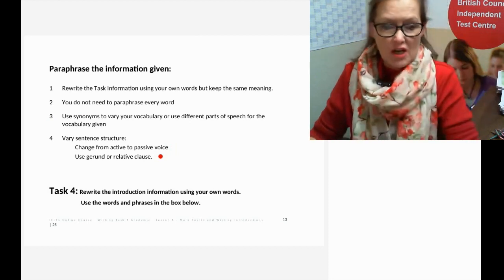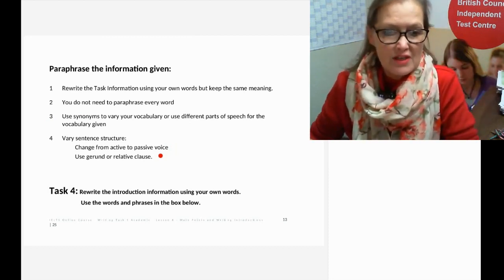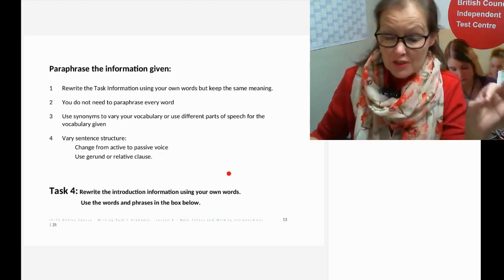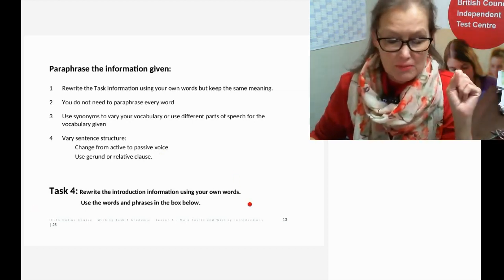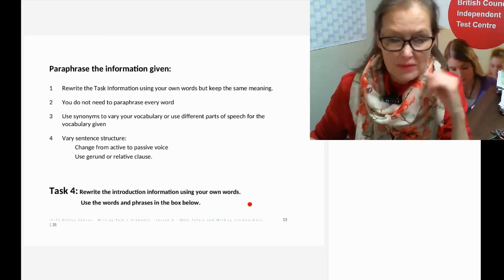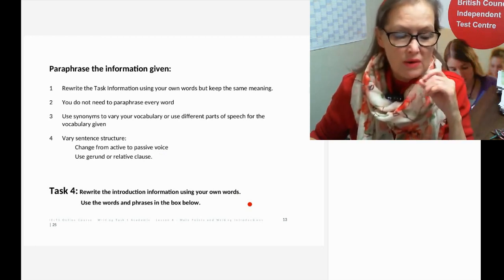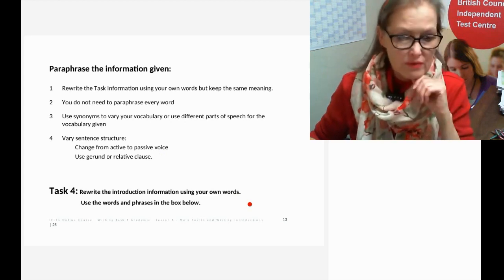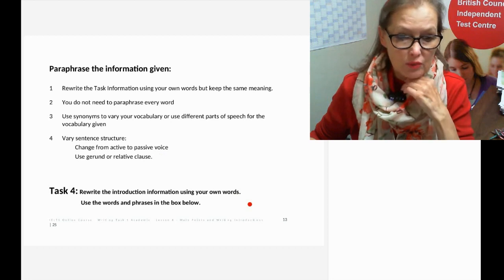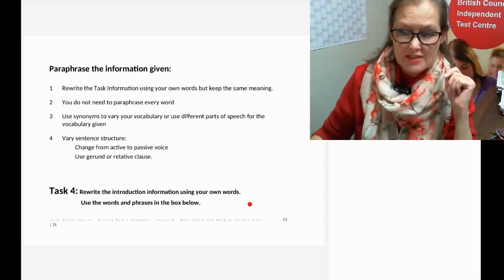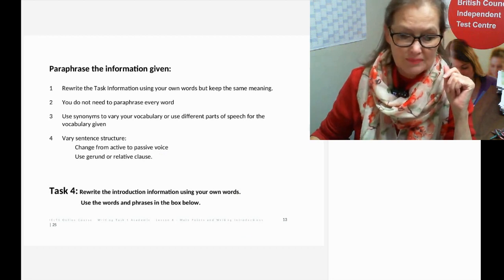Now this task was very simple, okay? So here's your task 4. Just read this and make a note, because again, we're going to need to move on to the next slide. This should have all been on the same slide. Task number 4, rewrite the introduction information using your own words. Use the words and the phrases in this box.